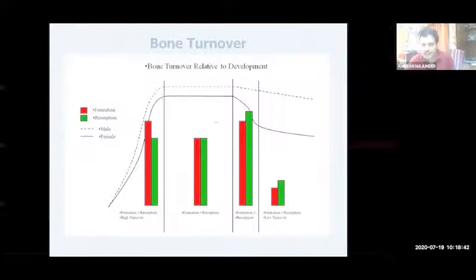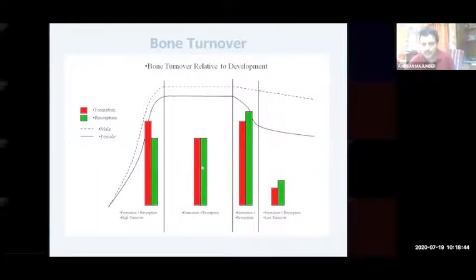In middle age, the formation and the resorption are equal. After a certain age, say 40 or 50 or 60, the resorption process is more than the formation, and gradually the skeleton becomes weak and fragile, and there is an increase in the chance of fragility fracture, which occurs more in women, and in women it occurs one decade earlier compared to their male counterpart.